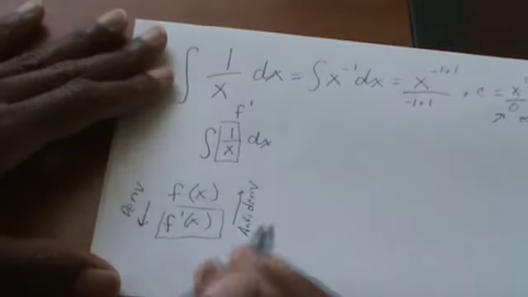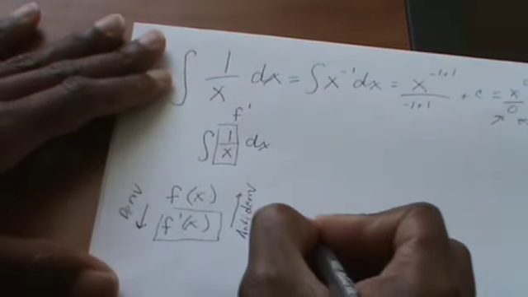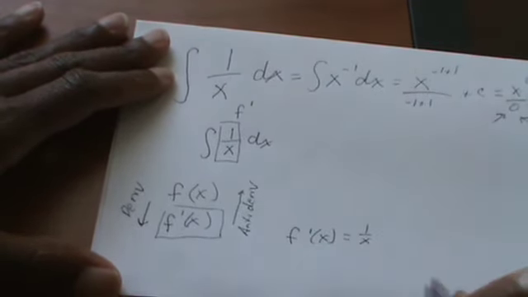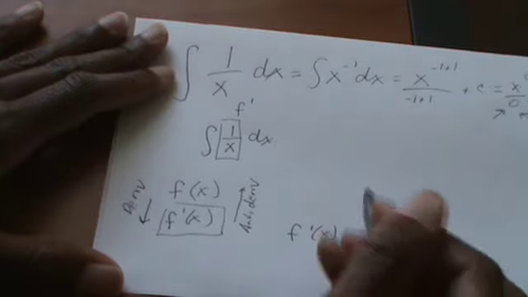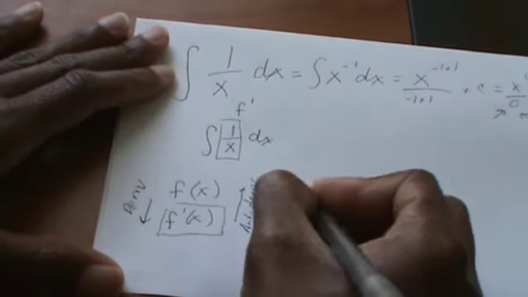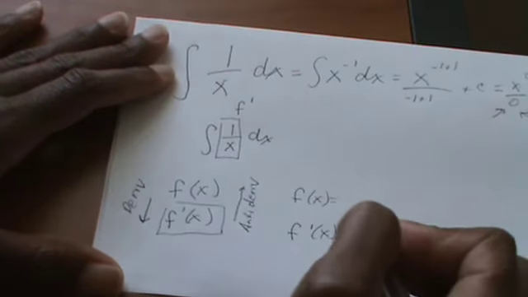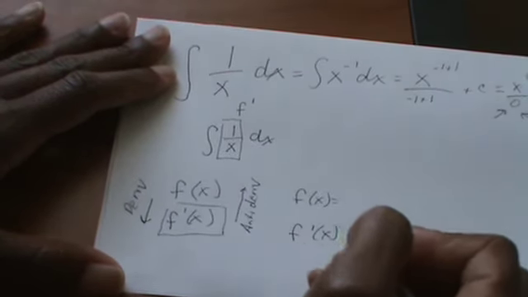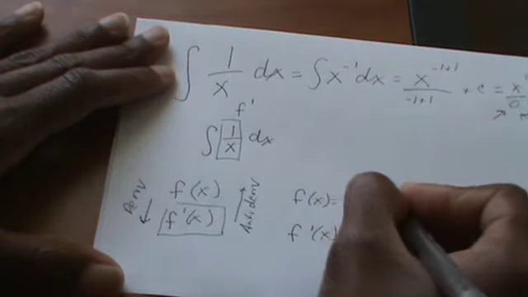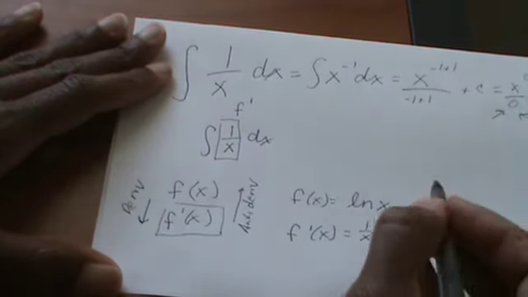Right? So then if that's true, if we have f prime of x equaling 1 over x, then we have to ask ourselves, what would be the original function? What function allows us to land at 1 over x as its derivative? And you should answer from what you learned earlier in the semester that that's natural log.